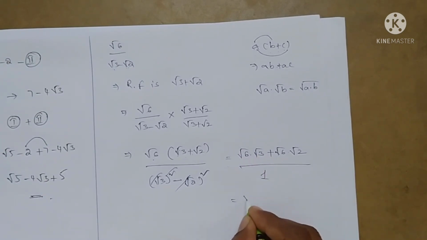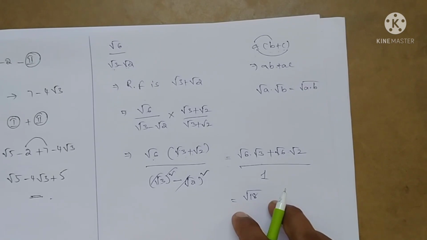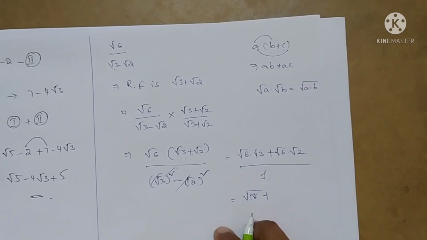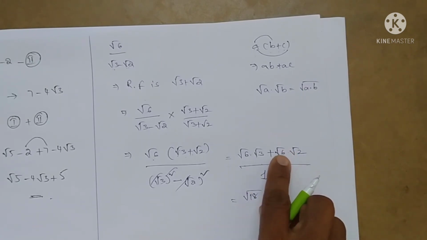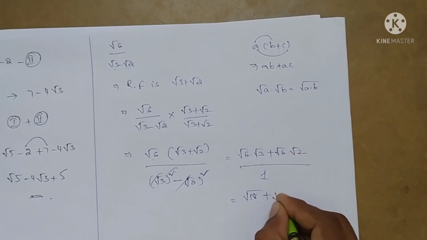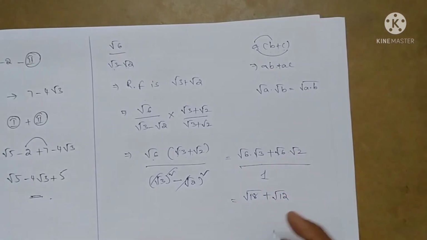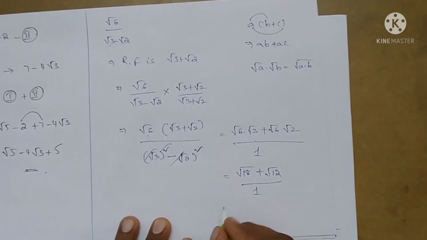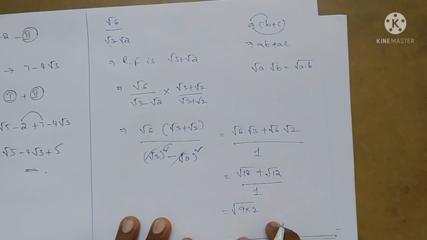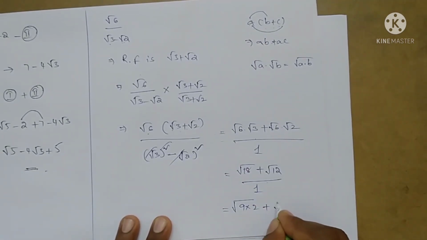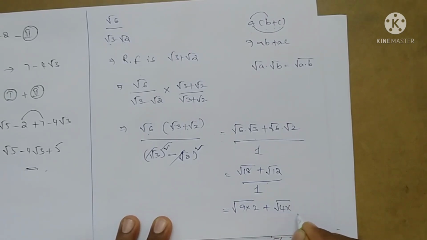That is equal to under root 6 3s are 18, plus under root 6 into 2, 12, by 1. 18 means 9 into 2, and 12 means 4 into 3.